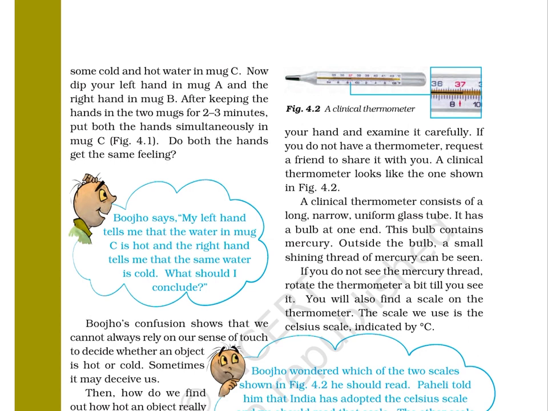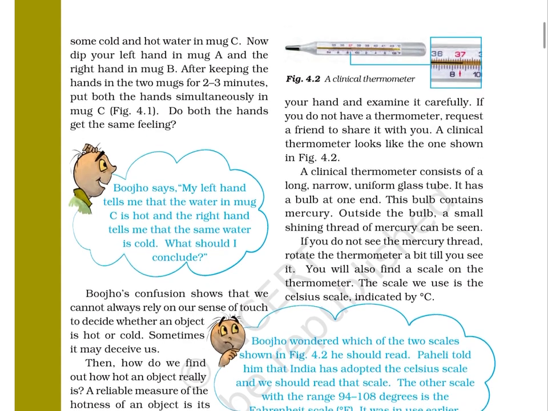Outside the bulb, a small, shining thread of mercury can be observed. If you can't observe the mercury thread, rotate the thermometer a bit till you can observe it. You will also find a scale on the thermometer. The scale we use is the Celsius scale, indicated by degree Celsius.